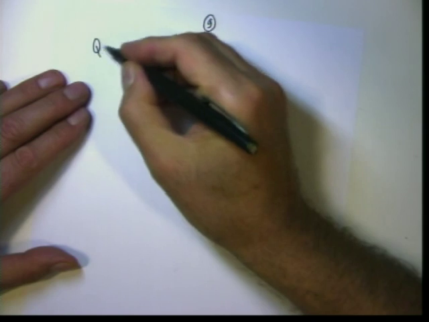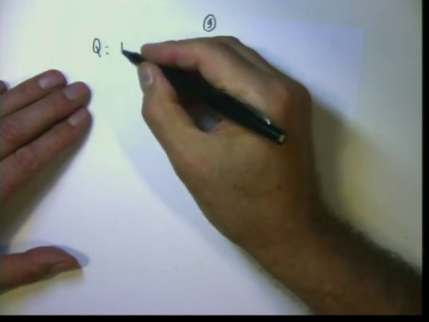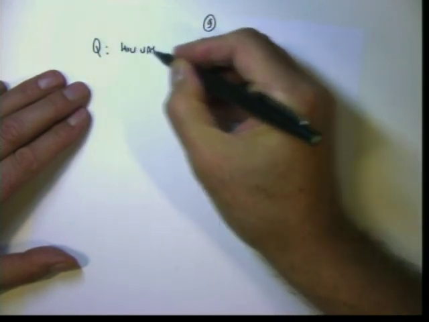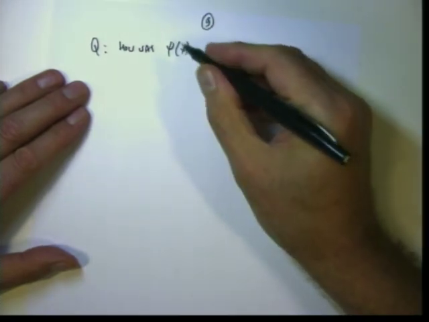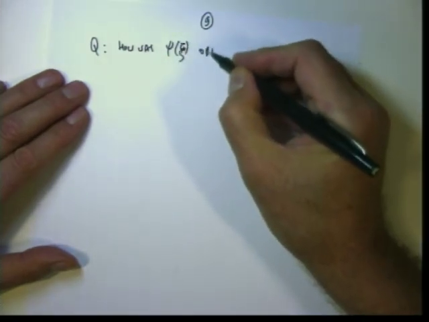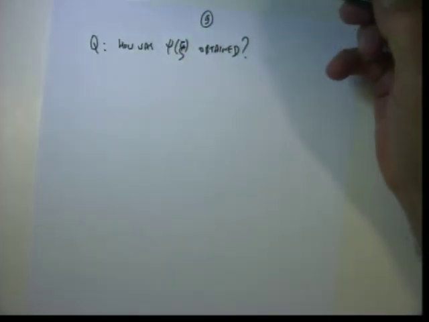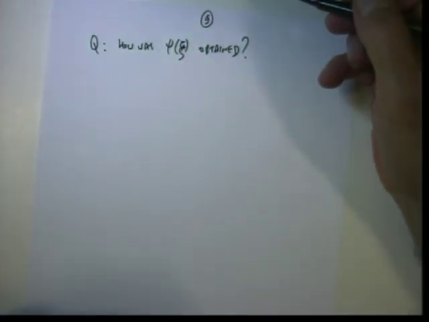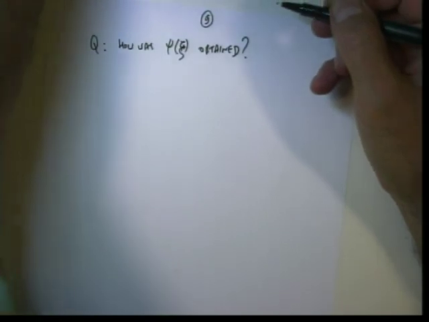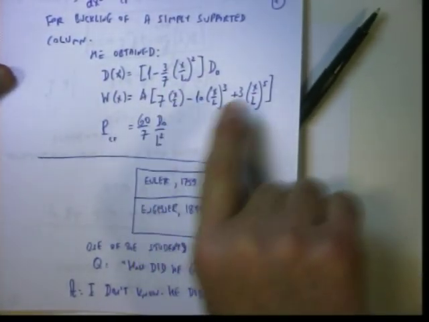Another question that you could ask: how was psi of x obtained, or psi of psi obtained? That is a question, because I started with psi. He gave everything: d of x, w of x, p critical.